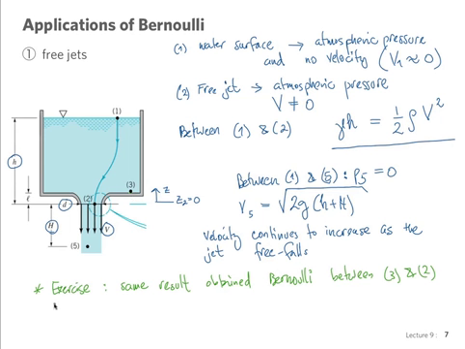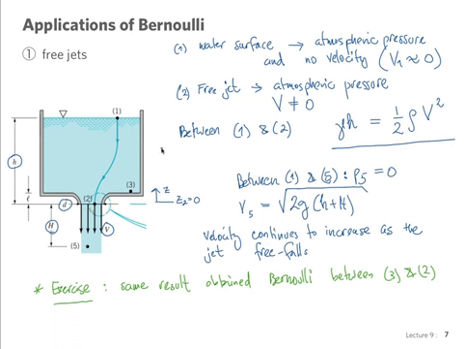Okay, and do this as an exercise. The interpretation that we can have from this result between 1 and 2 is that basically all the fluid elements' potential energy gets turned into kinetic energy as they go from the surface to the exit of the tank.